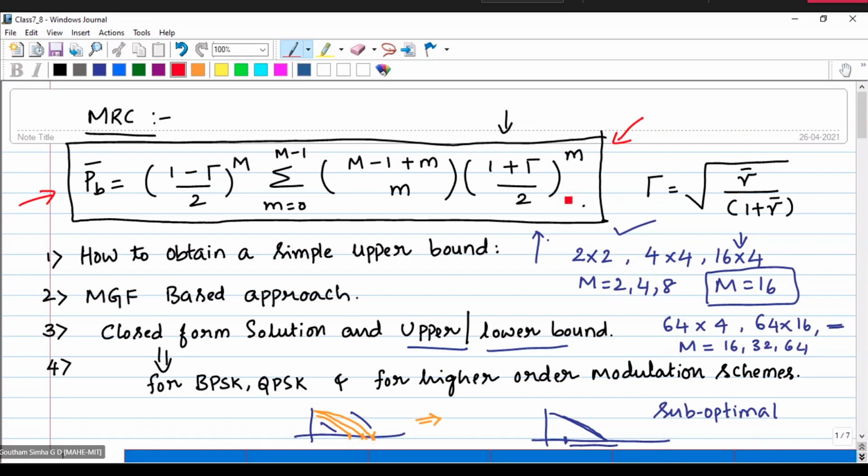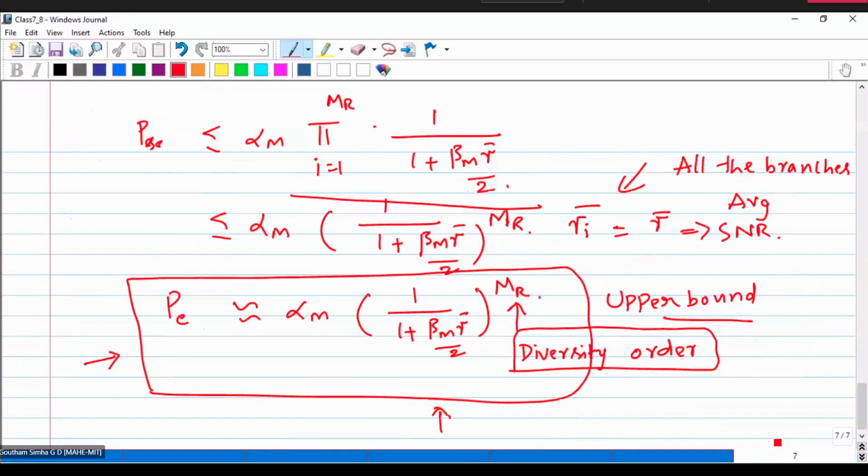If you cannot find it, it doesn't matter. Use this small upper bound, change the order of modulation. That's all. You will get the near closed form solution output. Suppose the closed form solution is something like this; approximately somewhere here, you will get the output. Somewhere here it will start to follow, say, somewhere around 10 dB. So this is one way of interpreting.